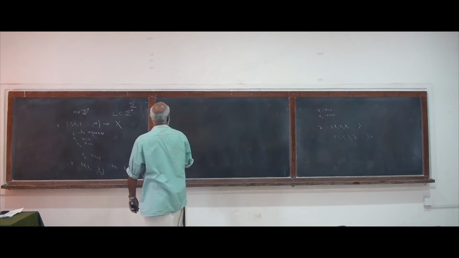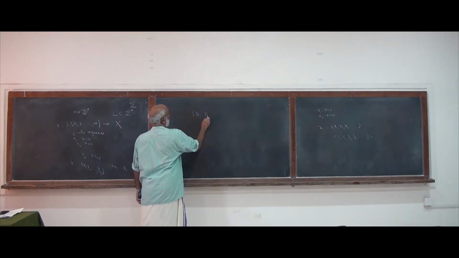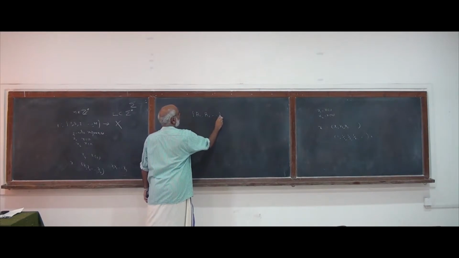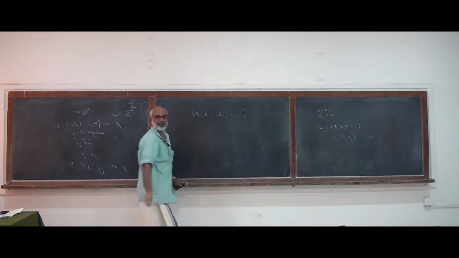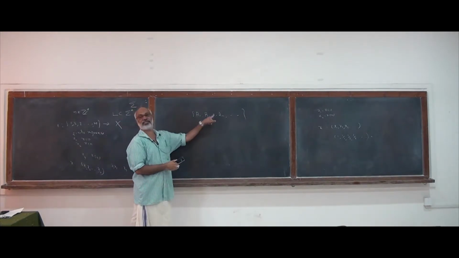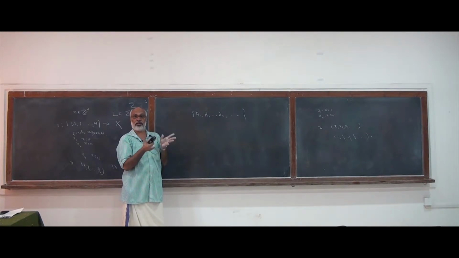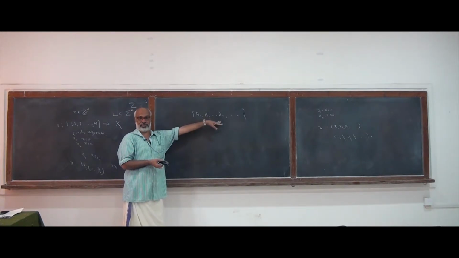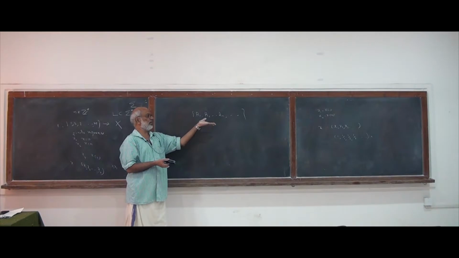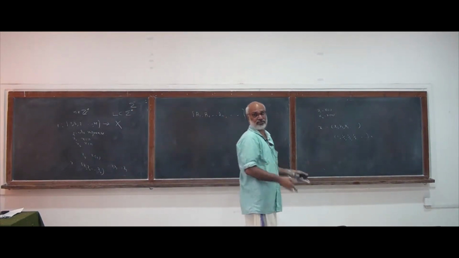That is, if you have a collection containing A1, A2, etc., An, etc. You may have a collection like this. That is, for each positive integer there is a set. So that is a function from the set of positive integers to this collection of sets. So this can be treated as a sequence of sets.